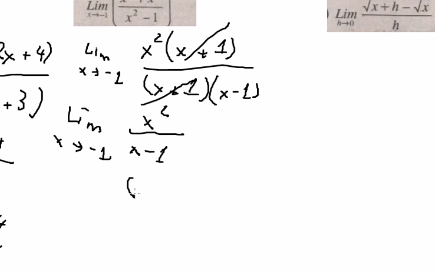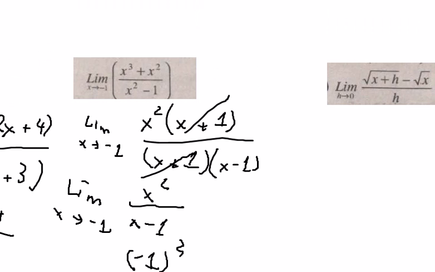We put negative number 1 in here. So we get negative 1 over 2. Now let's go to the next one.